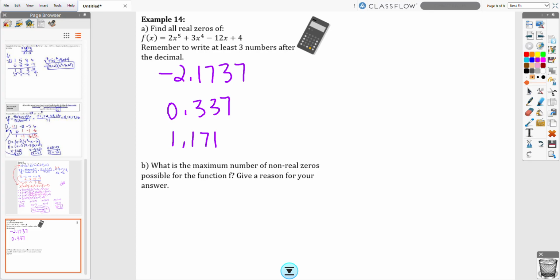So the next question, part B, says, what is the maximum number of non-real zeros that are possible for this function? Okay, so remember, non-real just means imaginary. So imaginary solutions or complex solutions that are not just real numbers.